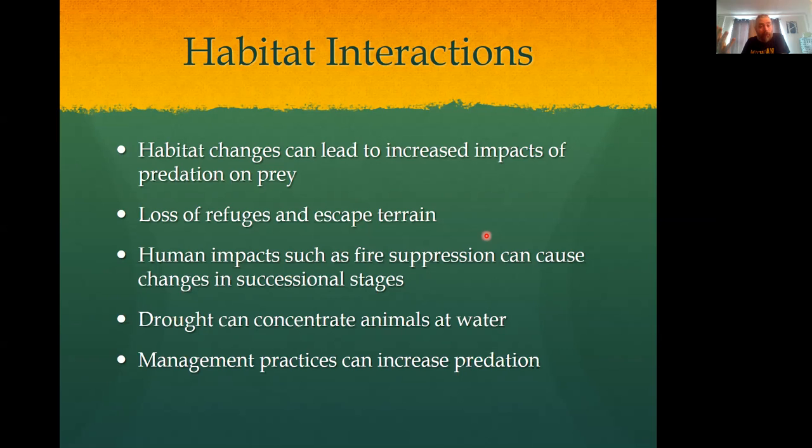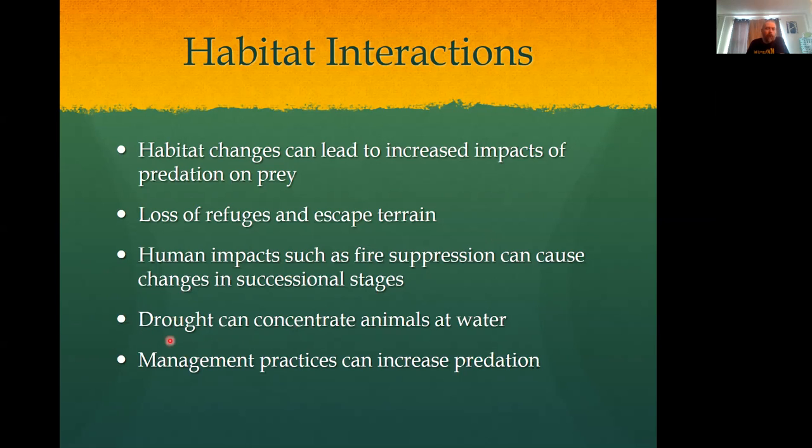But by doing that, we actually alter the pathway of normal succession, right? We might get rid of a lot of refuge or escape terrain.